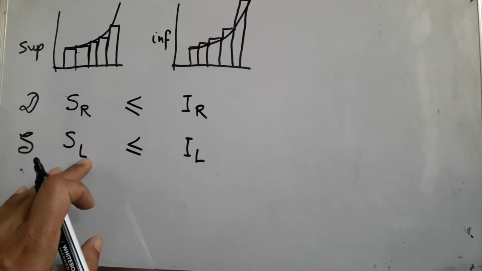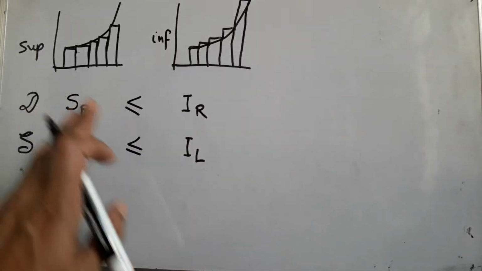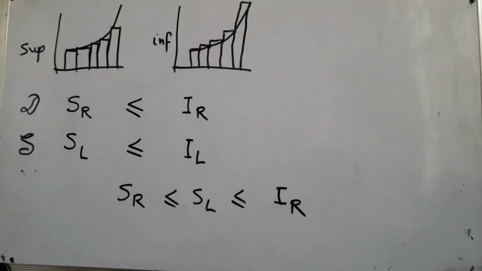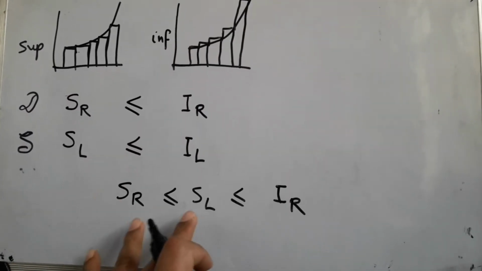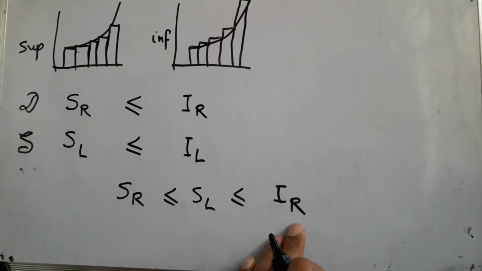But of course, these things must be less than this, because both are under the curve and both are above the curve. So I have S_R less than or equal to S_L, S_L less than or equal to I_R.